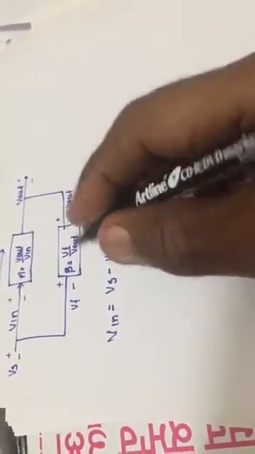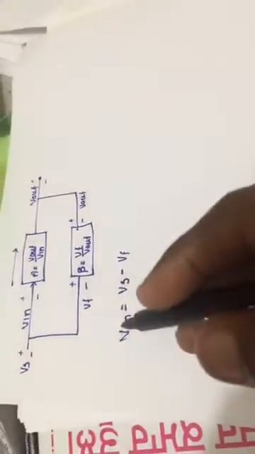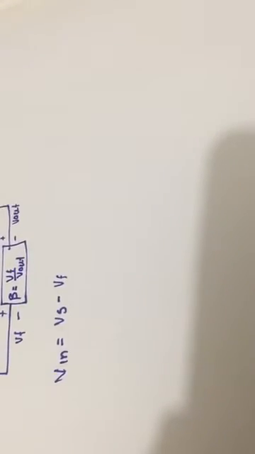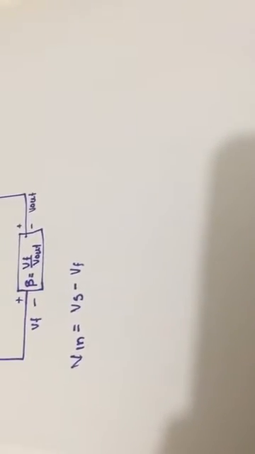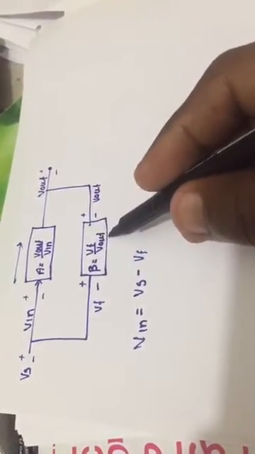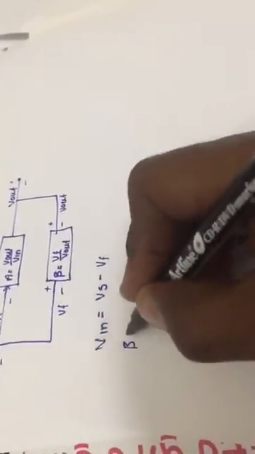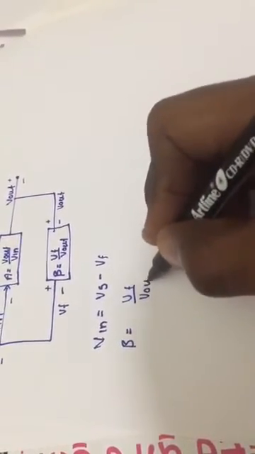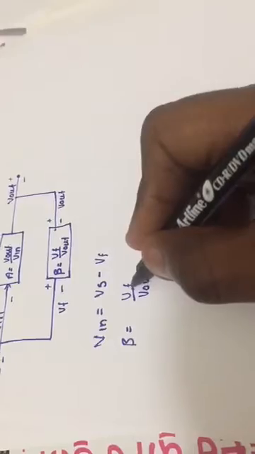So we have beta equal to Vf by V out, and here we can simply get the value of VF.